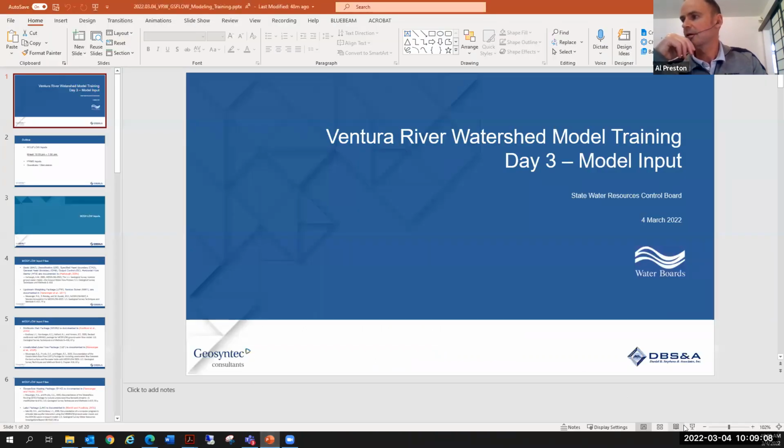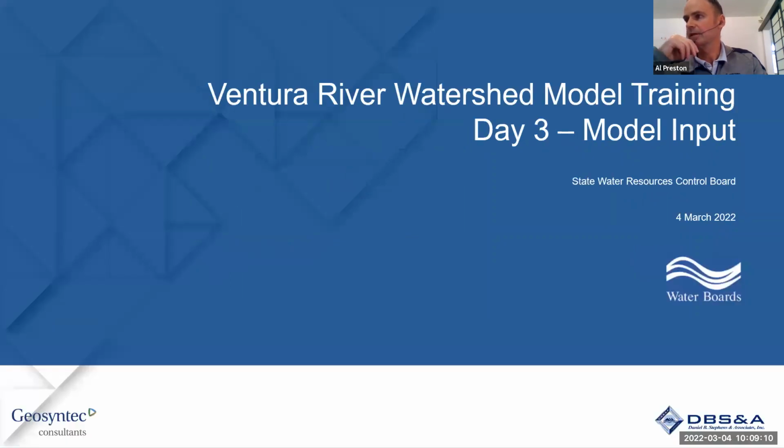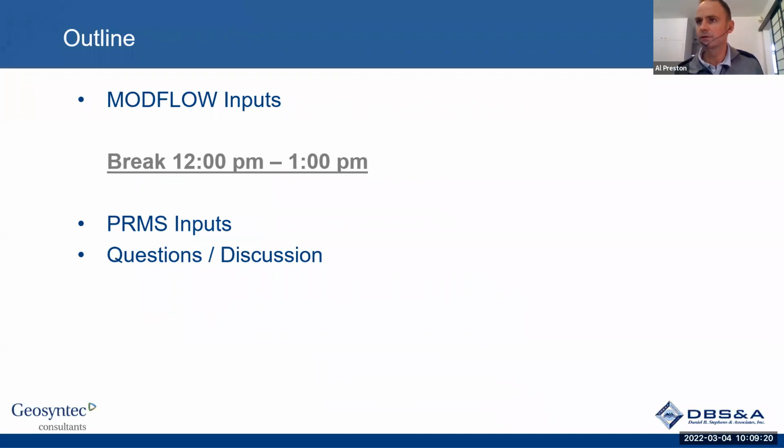Getting back to today's topics. On Wednesday, we looked at extracting data from the model, and today we're going to look at how to change the model. So this morning, Farag is going to explain how you modify inputs to the groundwater portion of the model.